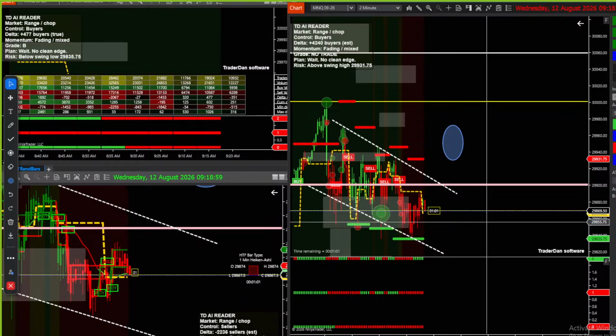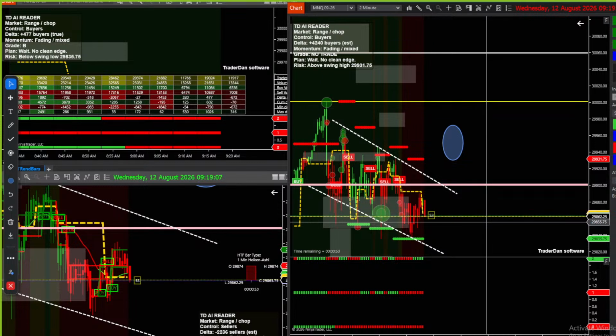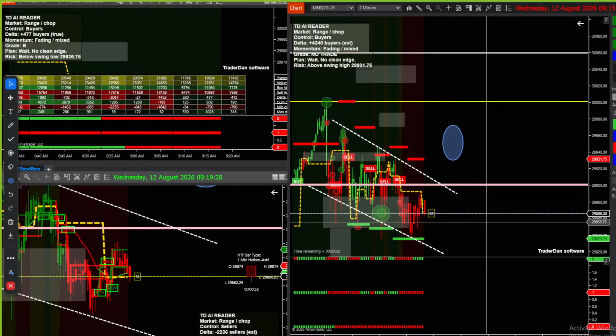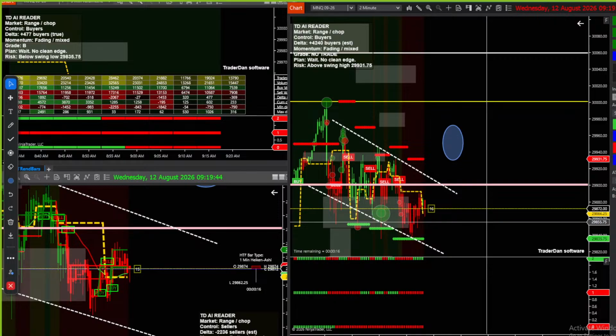Just a massive craziness here. Look at that, right back down again. No momentum, no breakout, no follow through.